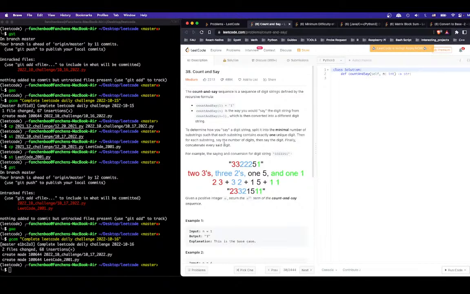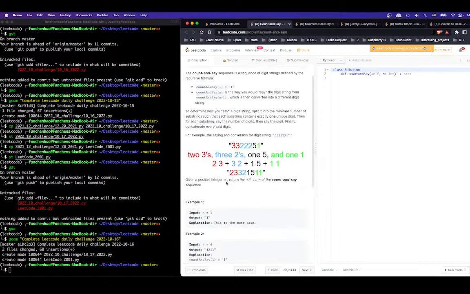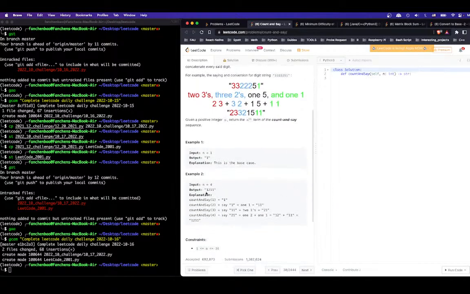Then for each substring, say the number of digits, then say the digit. Finally concatenate every said digit. For example, the saying and conversion for the digit string will be 2, 2, 3, 3, 2, 1, 5, and 1, 1. Given a positive integer n, return the nth term of the count and say sequence.